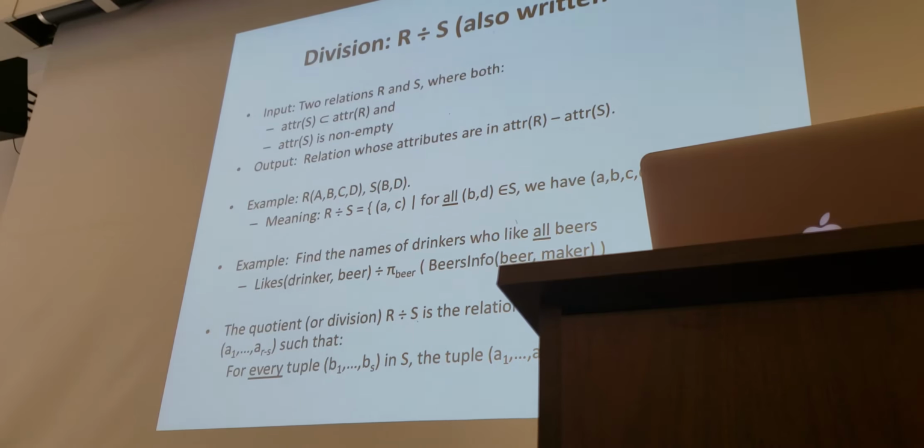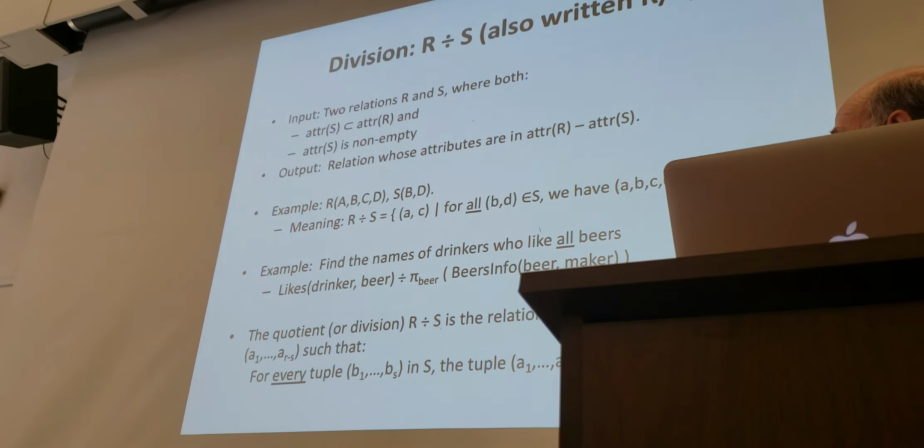Okay? So an example to help motivate this, and we've talked about exists. This is kind of like for all. Division is like for all. Find the names of drinkers who like all beers, including Budweiser. Find the names of the drinkers who like every single beer that we have inside the beers info table.